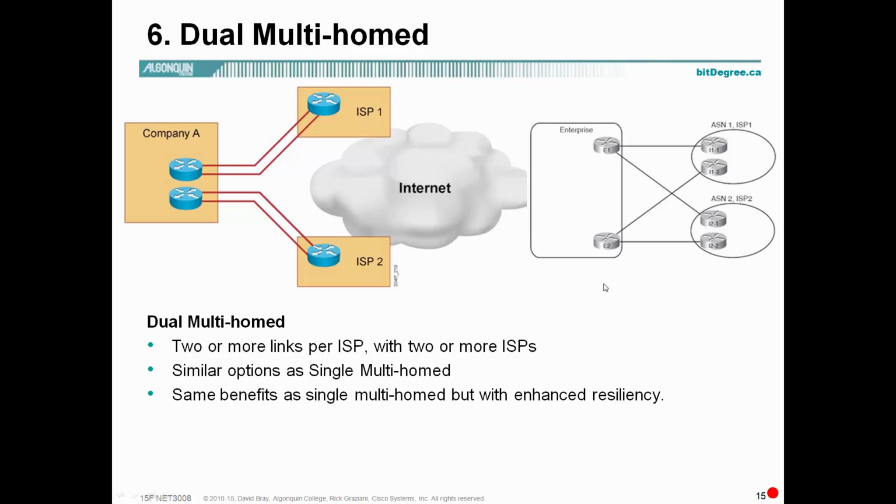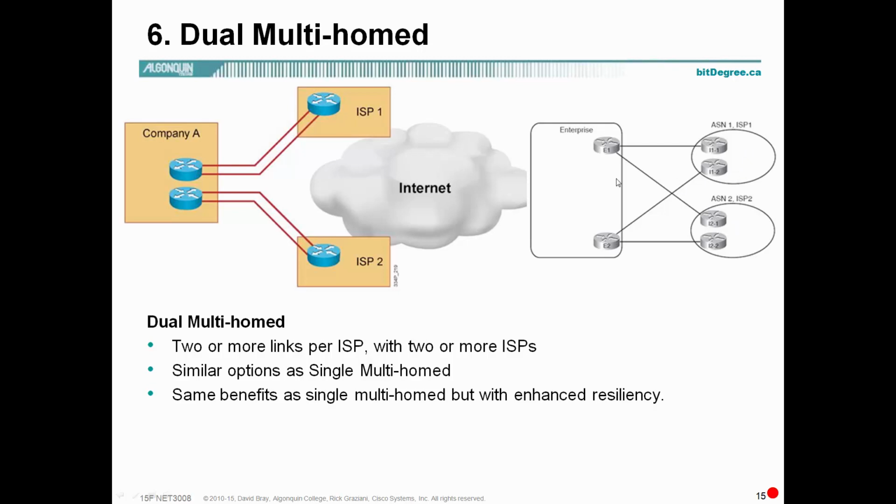And notice how in the first case on the left, I've got 2 links to each provider like this, but to make it even more broadly based, each of our CE routers could have 1 link to each of the routers on the PE side, right?